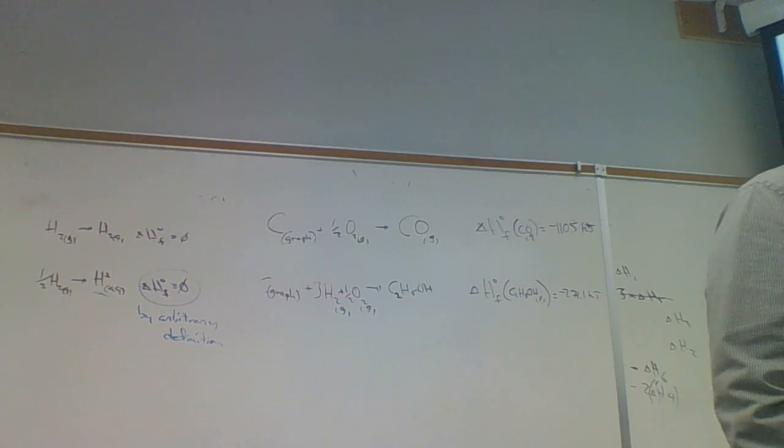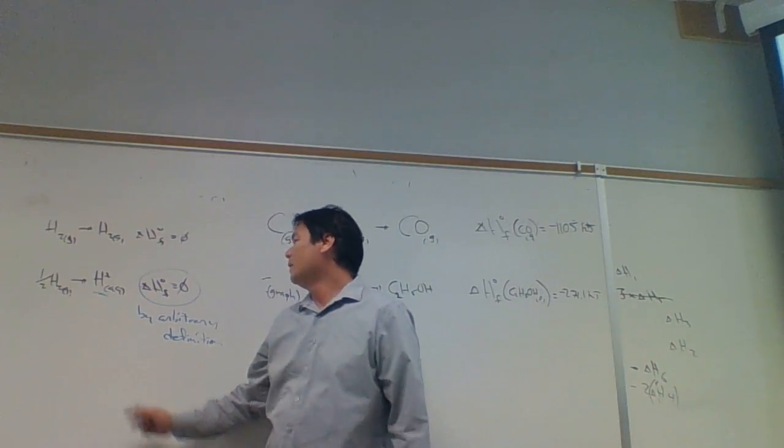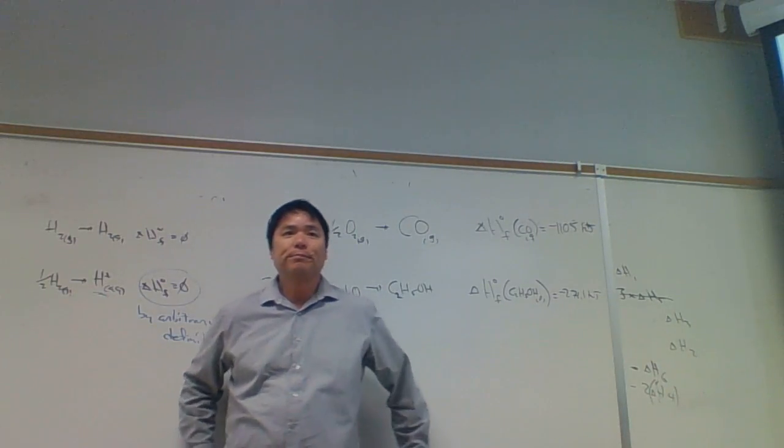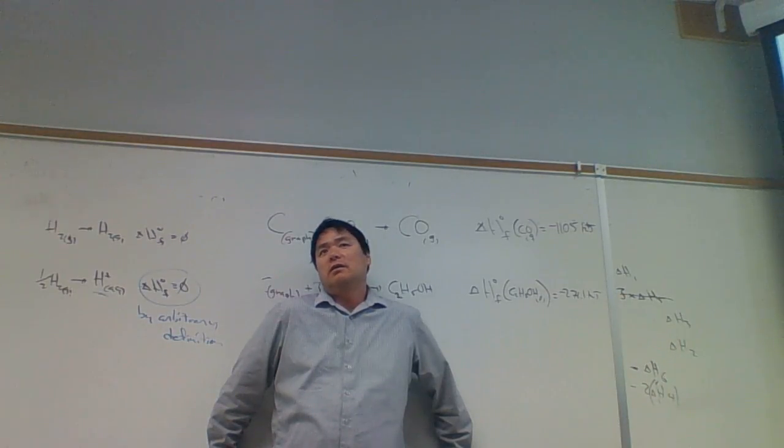Can you do a calorimetry experiment like this? Is this possible to measure using calorimetry? Get some hydrogen gas, no problem. You couldn't do this using calorimetry. Do you know why?